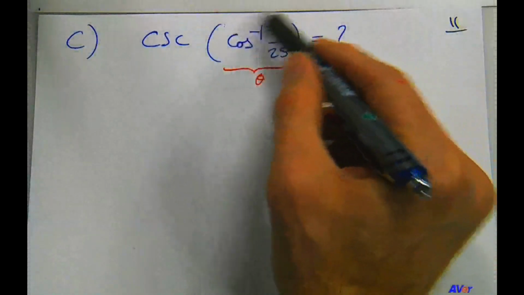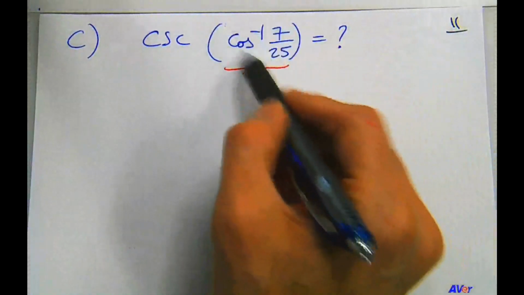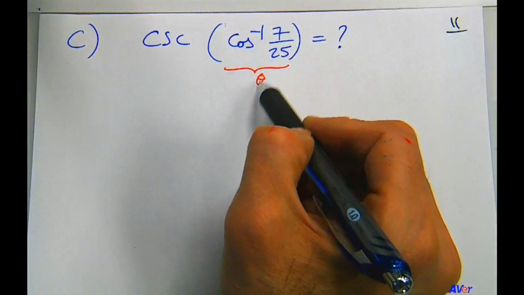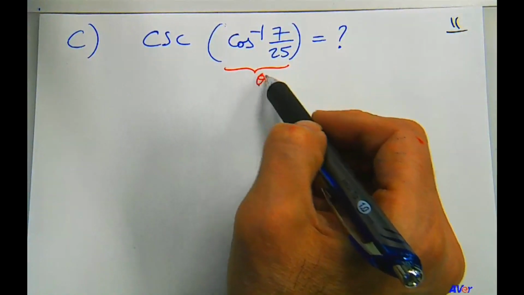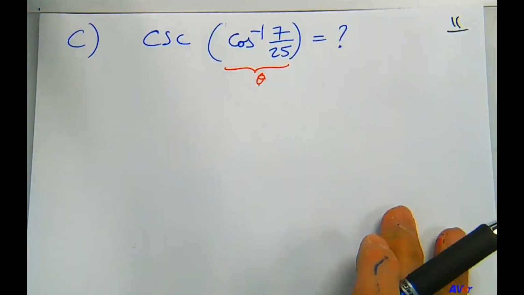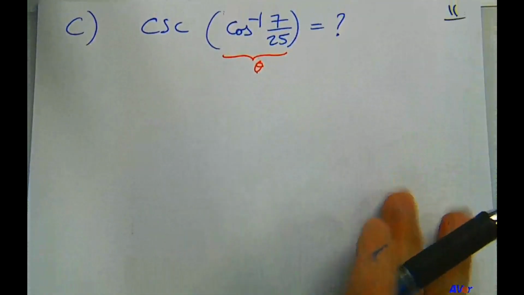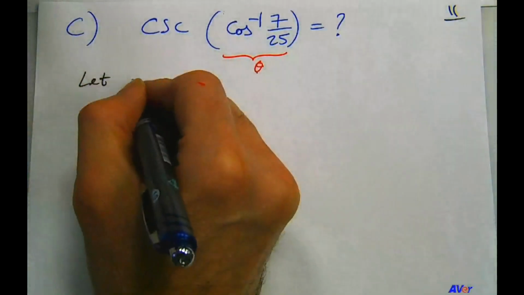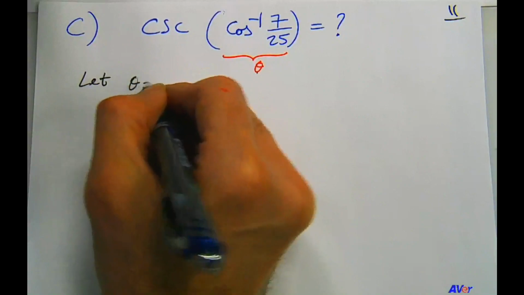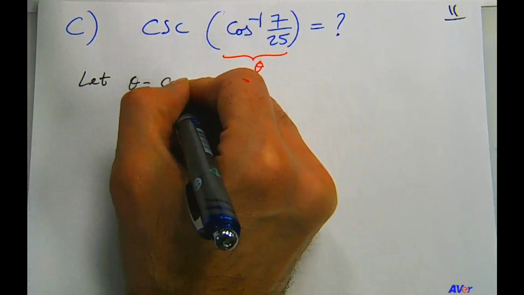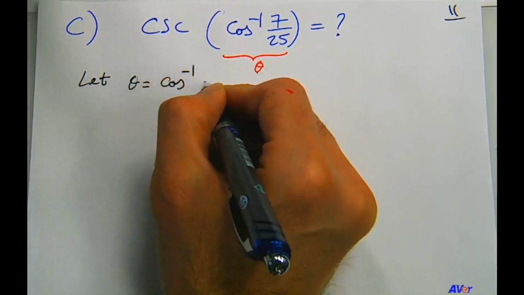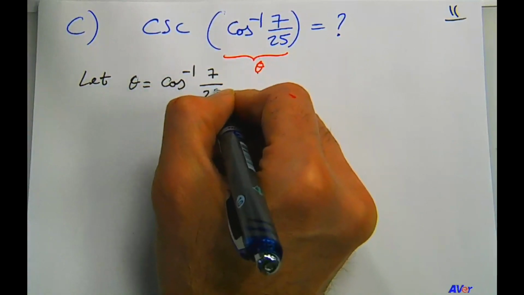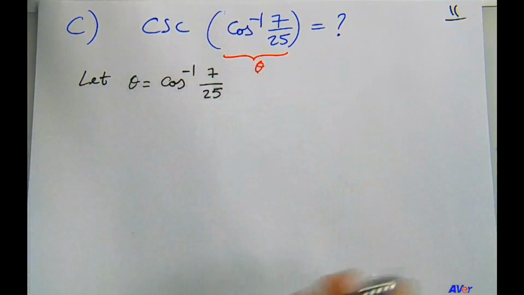So that quantity, any inverse trigonometric function, represents an angle. Let's call that angle theta, right? So let theta be all of that, inverse cosine of 7 over 25.